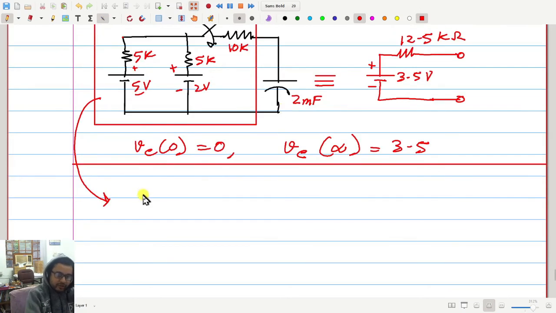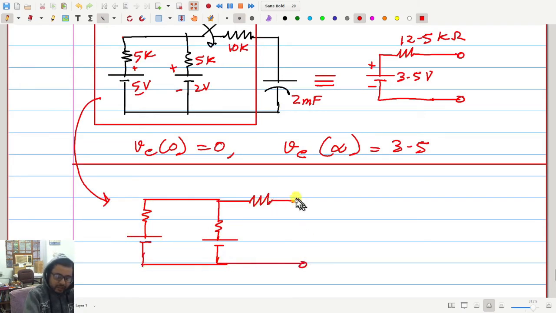Okay, so you have this, and you have to find the voltage here. This is VThevenin. How much is this? Now, does it matter whether this resistance is there or not?